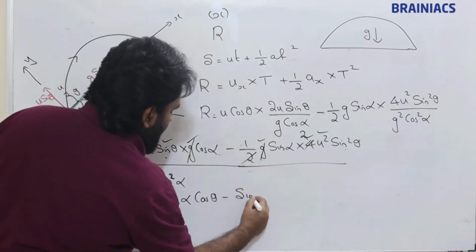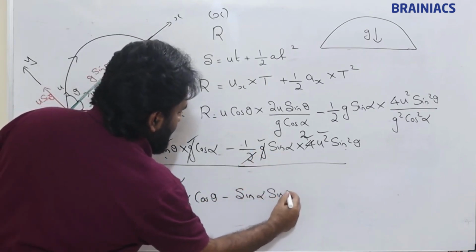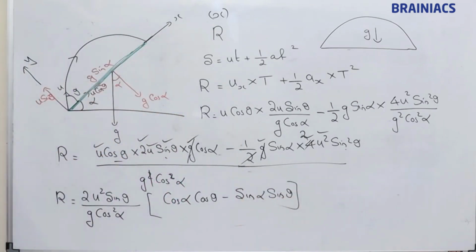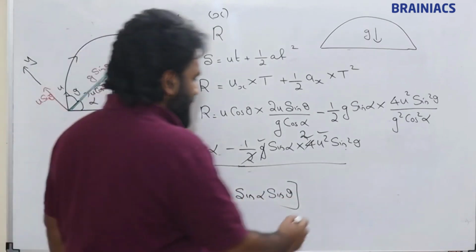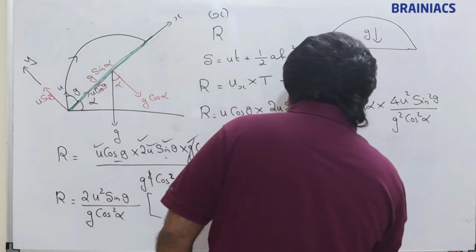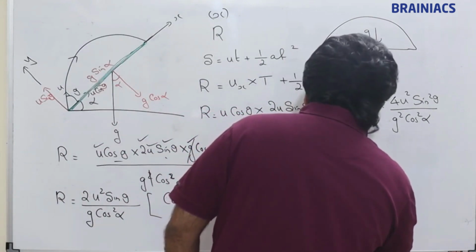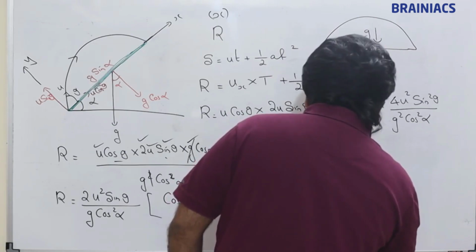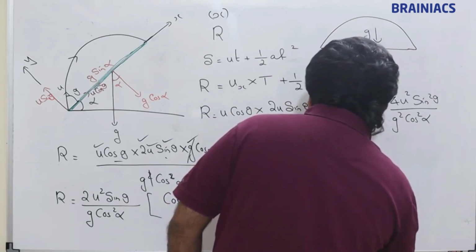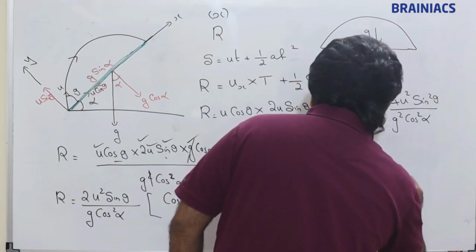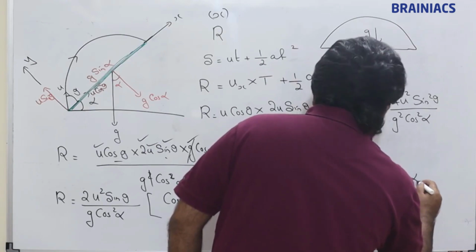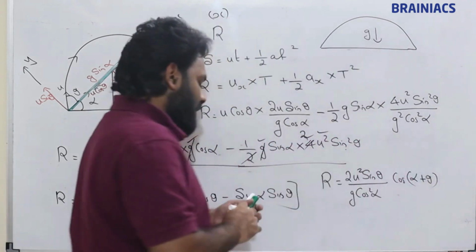Minus sin alpha sin theta is available. So this we can write as range R is equal to 2u square sin theta divided by g cos square alpha into cos alpha plus theta. Okay, so this is the formula for range.